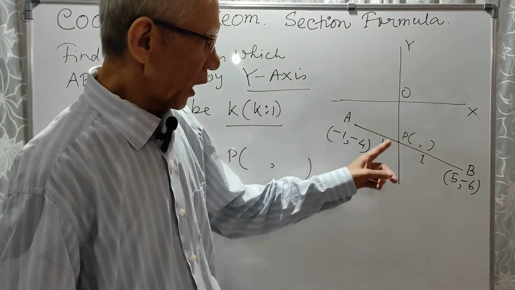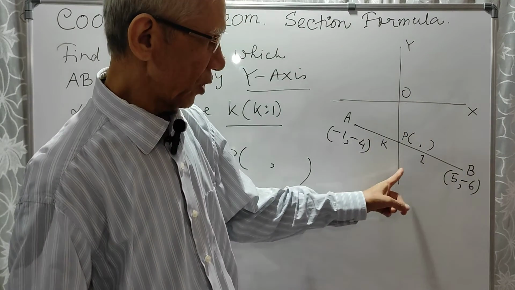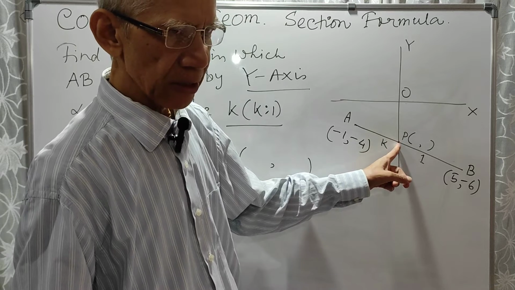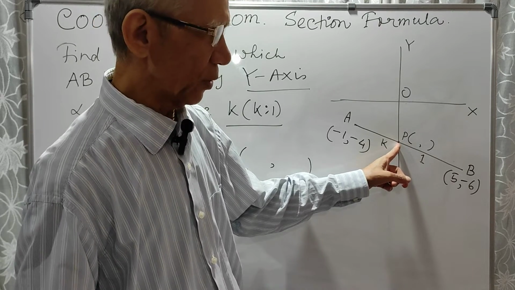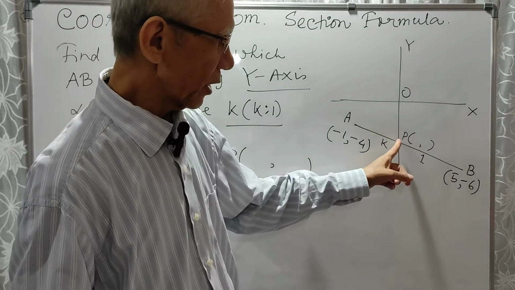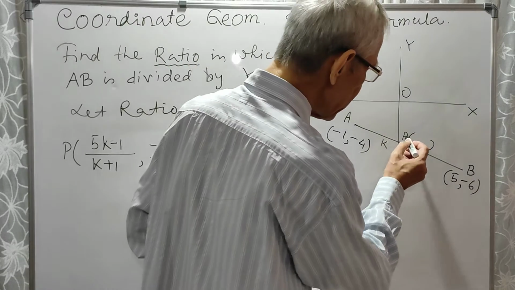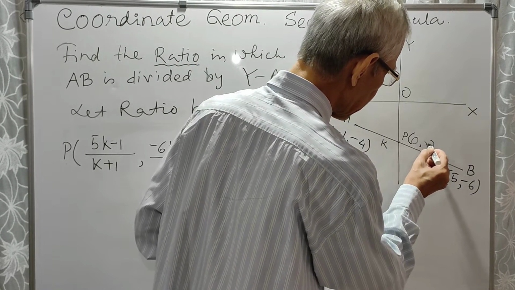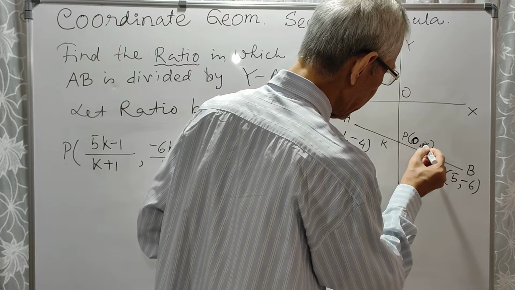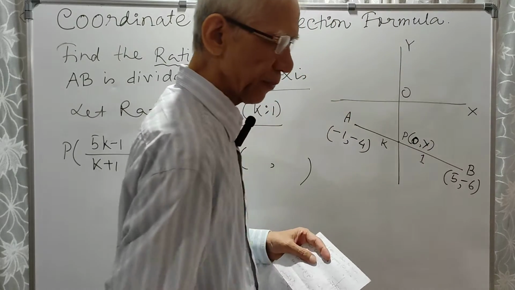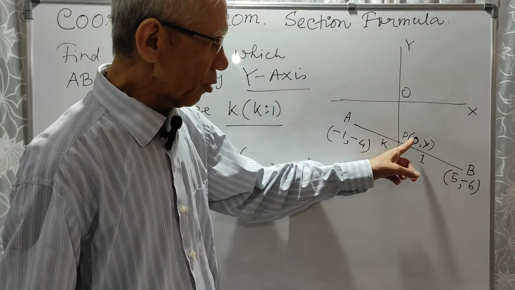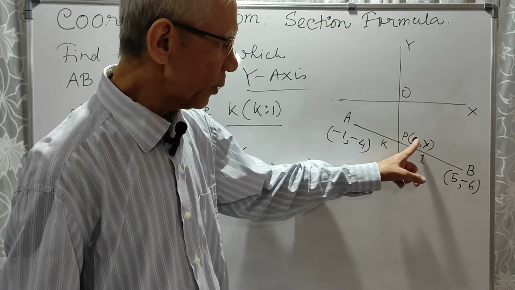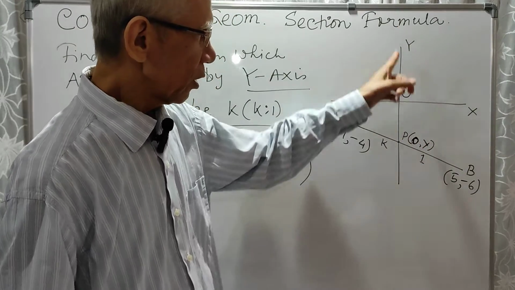Now you see, any point on the y-axis has x coordinate 0. That means this P is (0, y). The x coordinate is 0 and the y coordinate, suppose y. X coordinate will be 0 because it is on the y-axis.